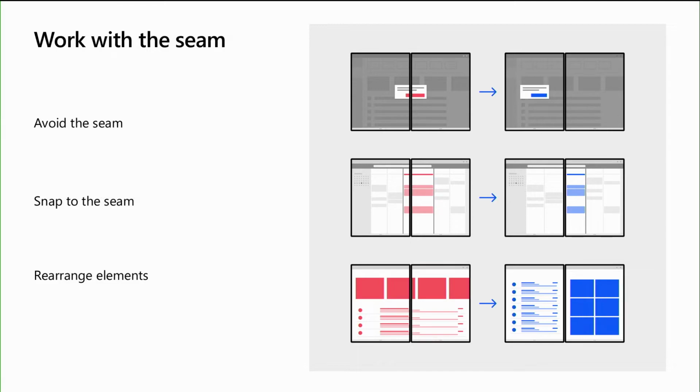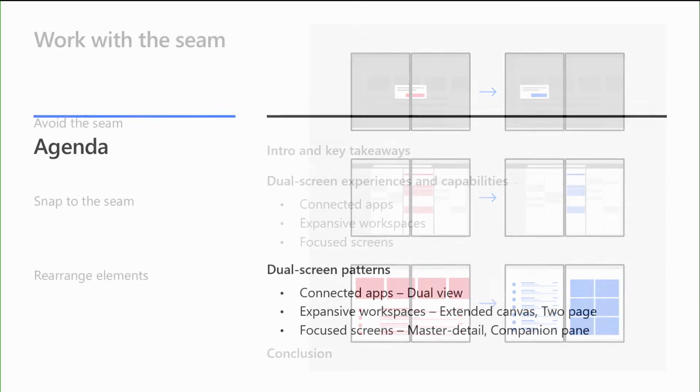Or you could embrace the seam by purposefully aligning your UI content to snap to the line that is drawn. Or you might consider rearranging your UI elements so that they fit nicely into the 2 containers that are created by the seam by grouping like items. And you can find more details of some of these techniques in our documentation.